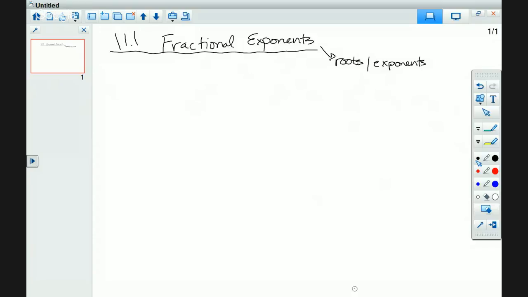So first of all, we talked about this yesterday. What fractional exponent was the square root? Anybody remember? Yeah, because this is a square root, right?